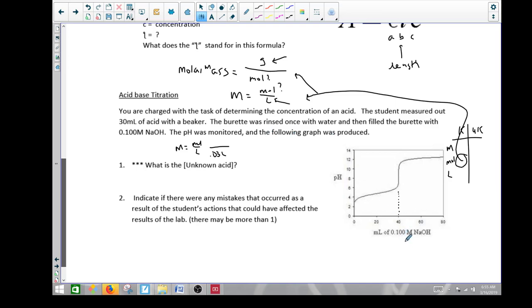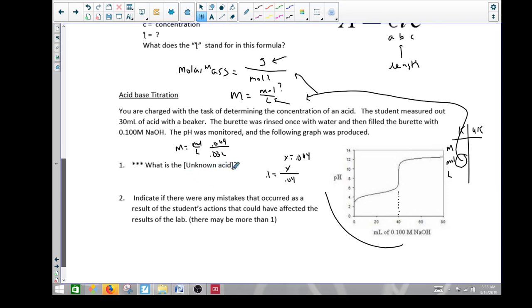So in this situation, my known is 0.1, and my volume is 0.04. Solve for the moles. The moles equal 0.004. Divide out 0.004 divided by 0.03, and I get 0.133.